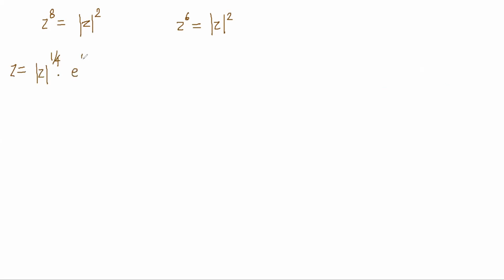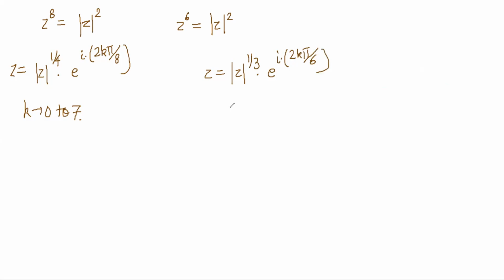So e power i 2k pi by 8, where k goes from 0 to 7. And this is z is equal to the 6th root, so e power i 2k pi by 6, and k goes from 0 to 5, right? These are the roots that I am getting.